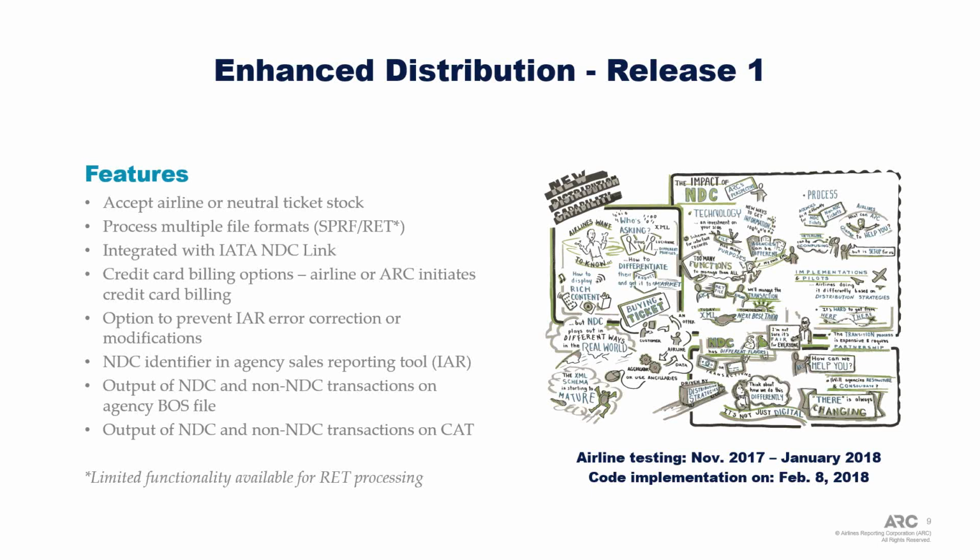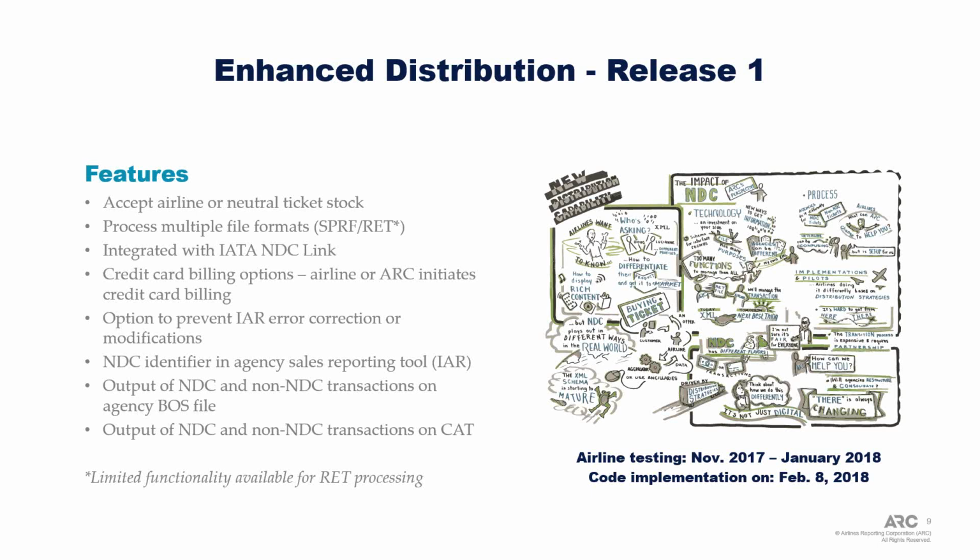So with NDC, depending again on how you implement, but let's just pretend for a moment, you've issued the transaction, you priced it, you kind of own it, you don't want the agency to make any post-ticketing changes to that transaction, even if there is an error. So we have the option to either continue to allow the agency to correct the error or place any transaction that is in error on a reject file, send that reject file back to the airline for review and resubmission.